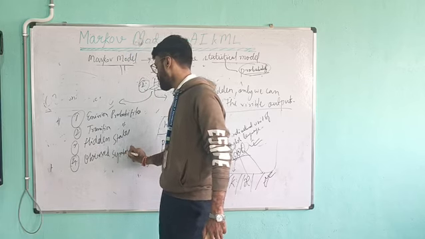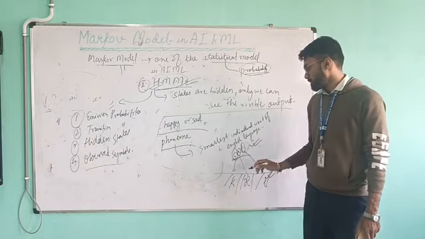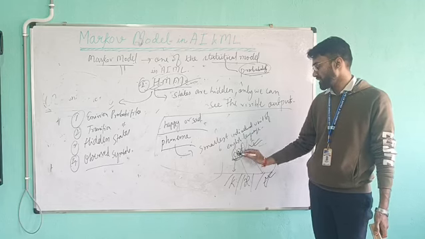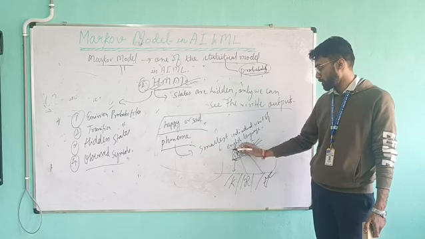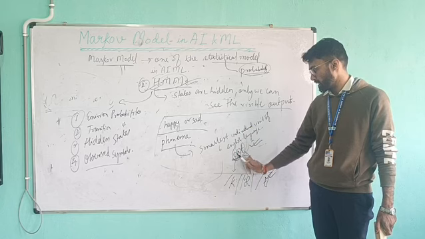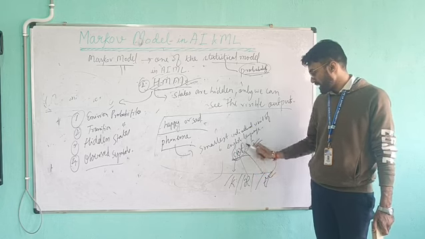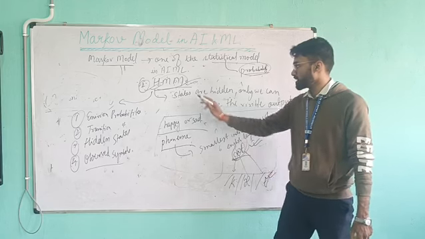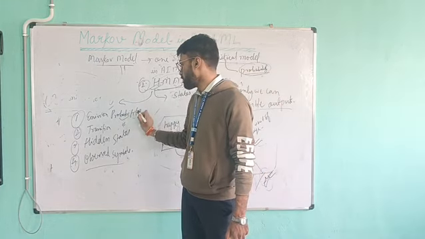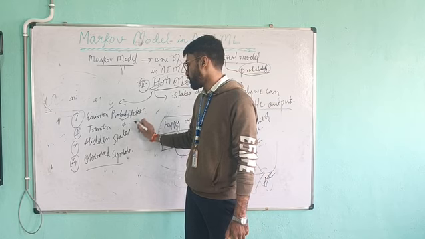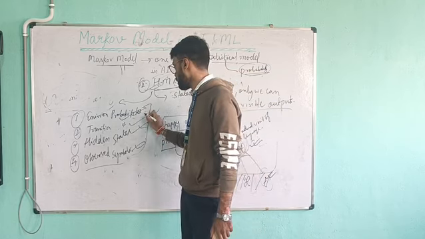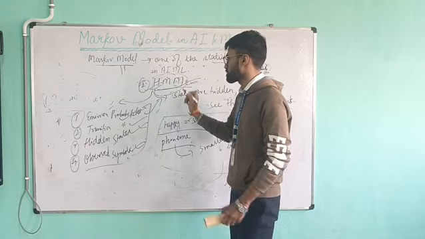Observed symbols means whenever you speak cat, you only observe the word cat, but you cannot observe the phonemes C, A, T. Only the HMM can understand. So the emission probability, transition probability, hidden states, and observed symbols are the properties which HMM follows.